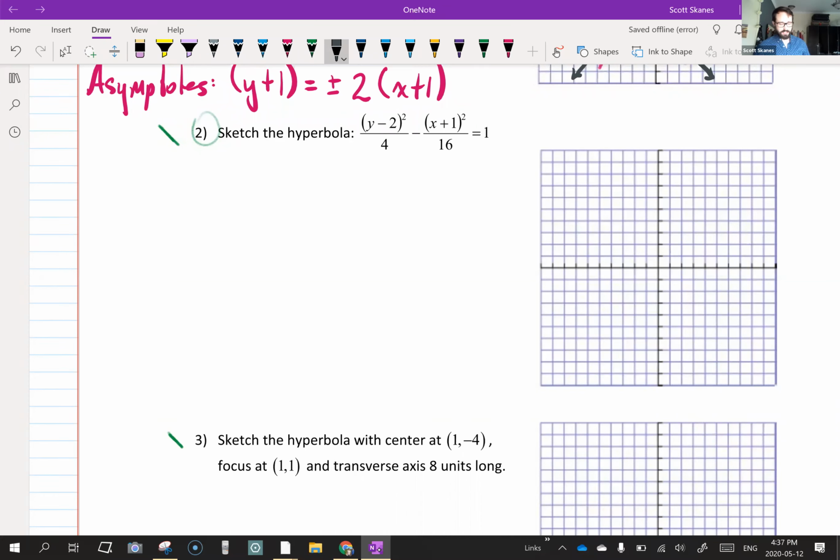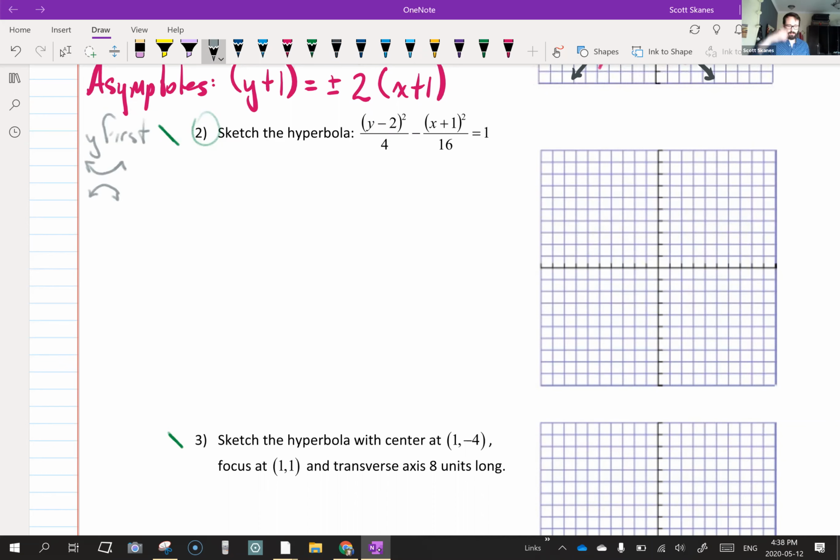First things first, let's check and see what type it is. I can see that the Y is first. So if the Y is first, it's not going to look like an X. The transverse axis is going to be up and down.